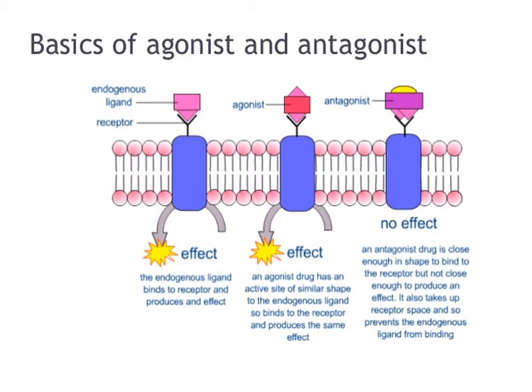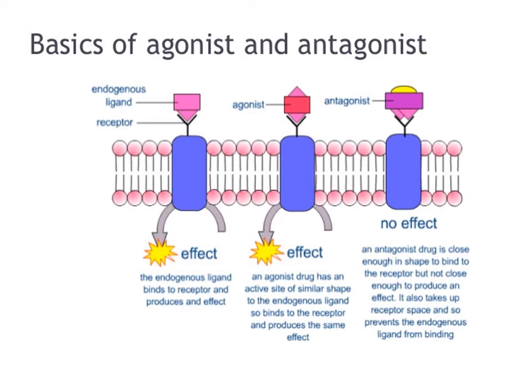And once a molecule, or what we call a ligand, has attached to the receptor, it can then act in a certain way to have an effect within the cell itself. So the ligand, whether it's a hormone or some kind of molecule that's attaching to the receptor, is allowing the receptor to become active and producing an effect within the cell itself.